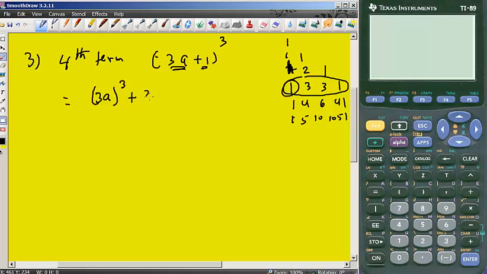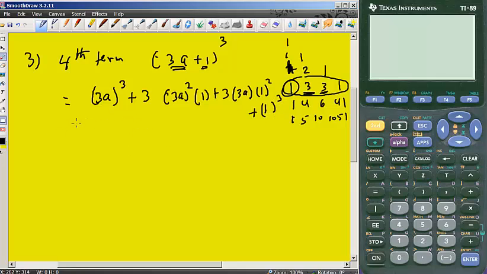Plus, and then I have 3 times, let me go back here real quick, put the coefficient in first. 3, that's my 3, times 3a to the 2nd, times 1, plus. The next coefficient is 3, so 3, and then I have 3a to the 1st, and then 1 to the 2nd. And then the last one's going to be 1 to the 3rd.